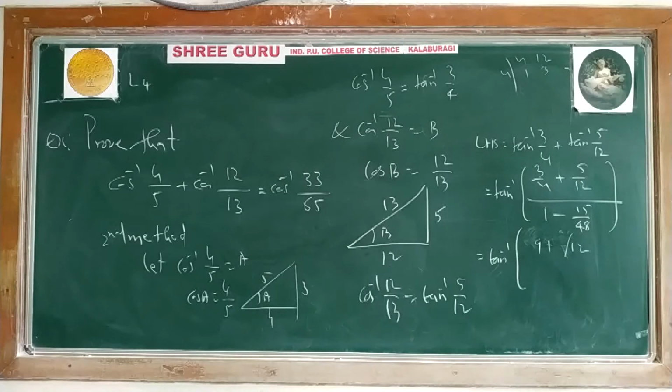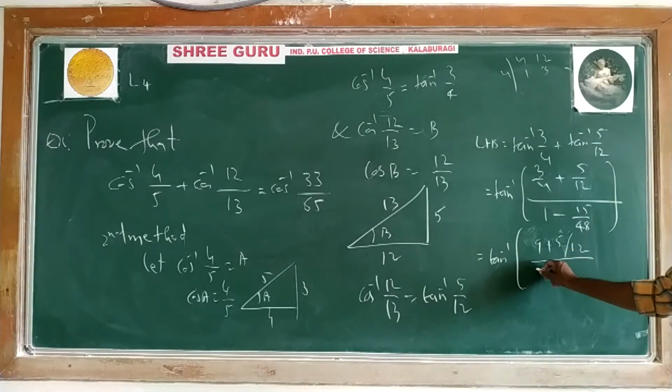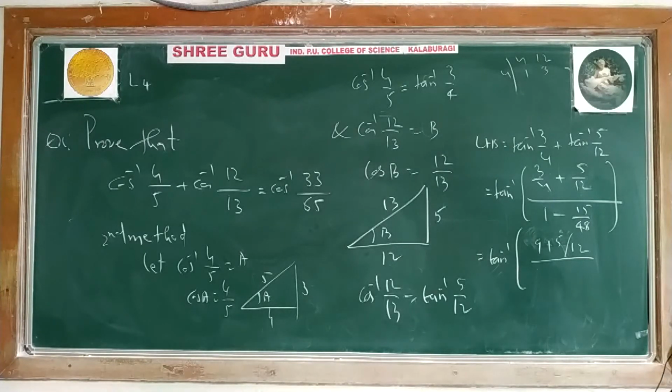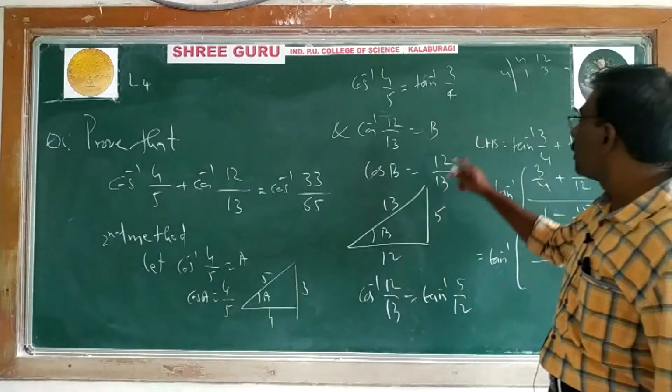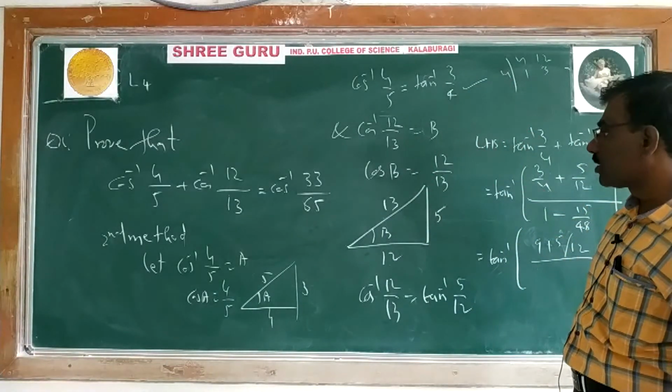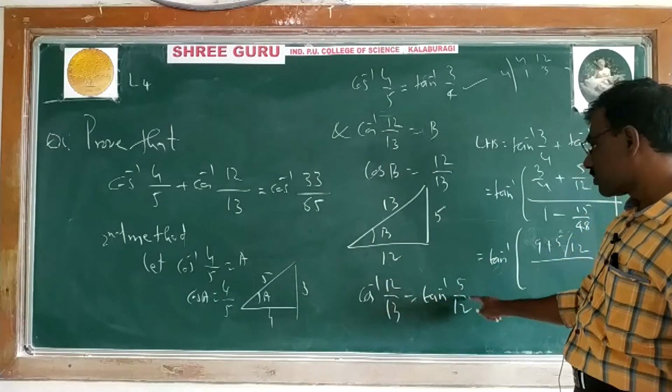So tan inverse of 3 by 4, and cos inverse of 12 by 13 gives 5 by 12.